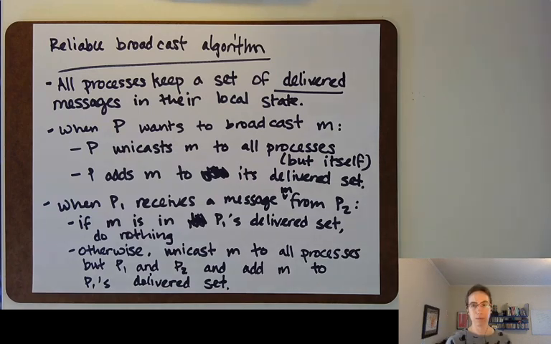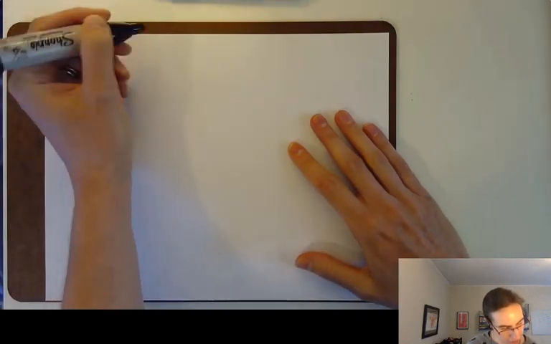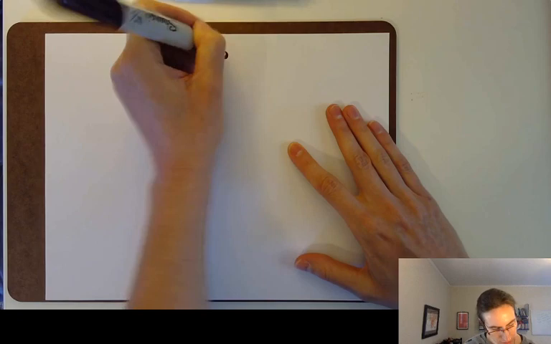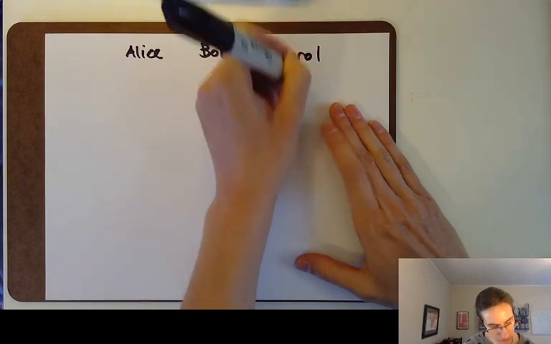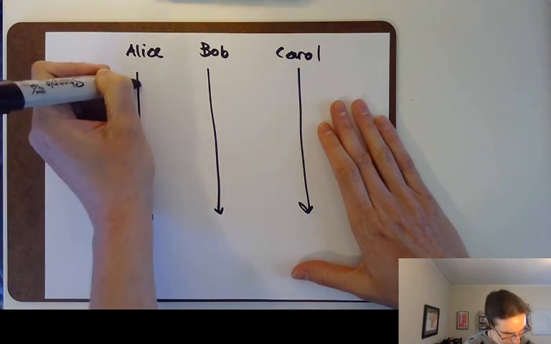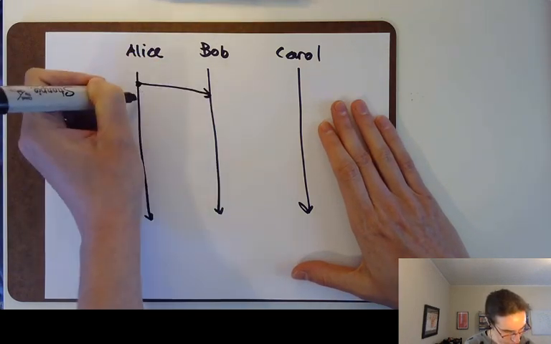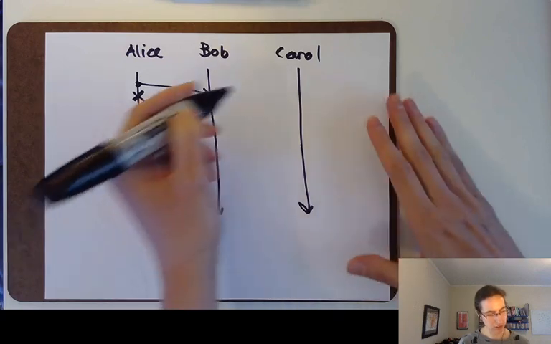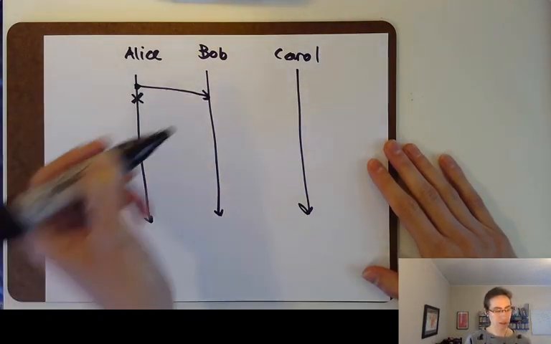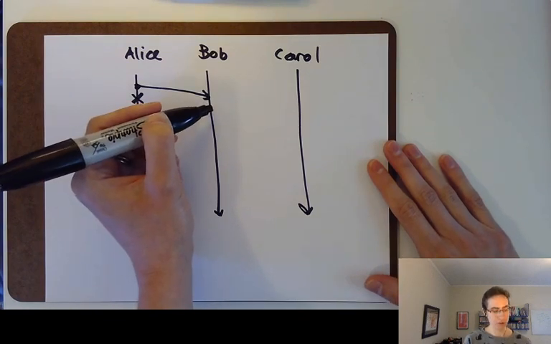So let's look at a couple more scenarios. We already talked about this situation where Alice sent a message to Bob and then crashed before she was able to also send it to Carol. And we worked around that by saying, well, when Bob receives the message, he's going to forward it on to Carol.